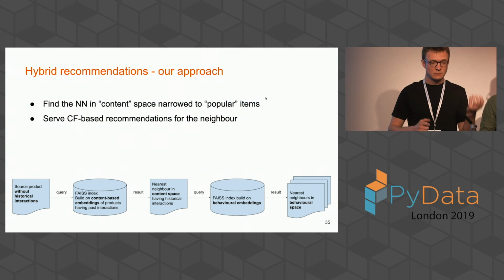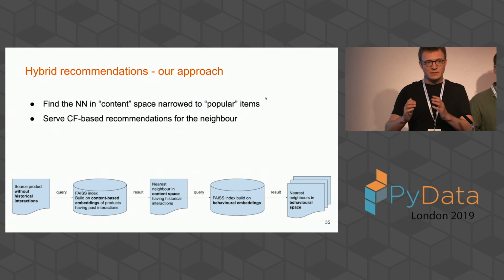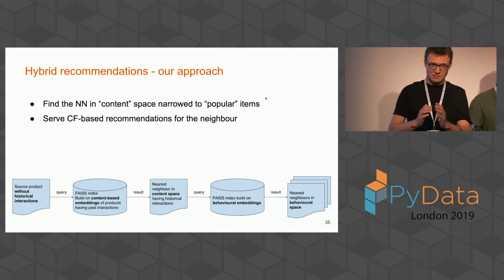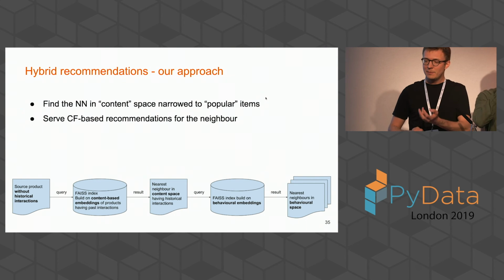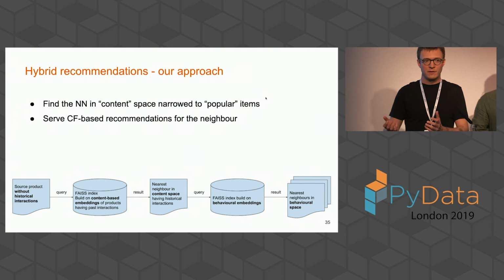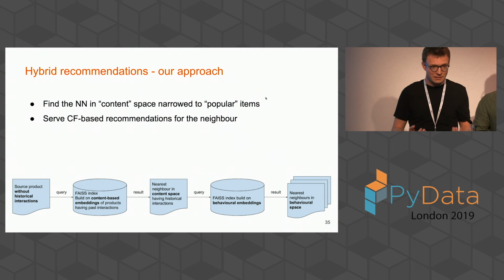For those products that do not have activities associated with them, do not have past histories, we retrieve the nearest neighbor in content space, but narrowed to only popular items. This way we retrieve a proxy neighbor, and this neighbor already has activities, so we can serve collaborative filtering recommendations even for products that are freshly added to the platform.